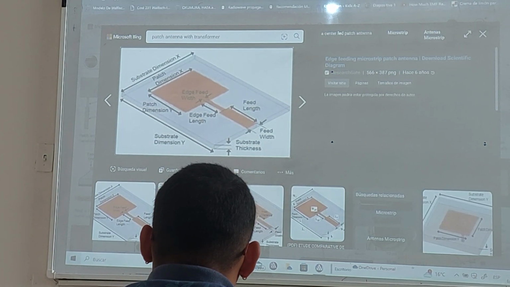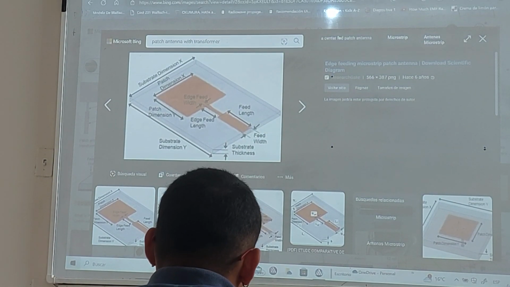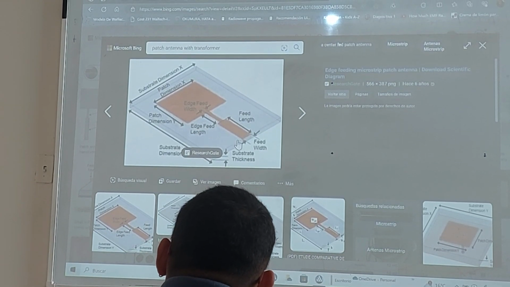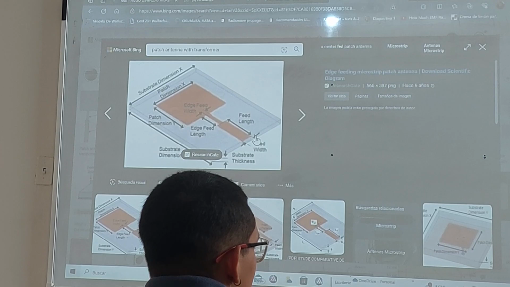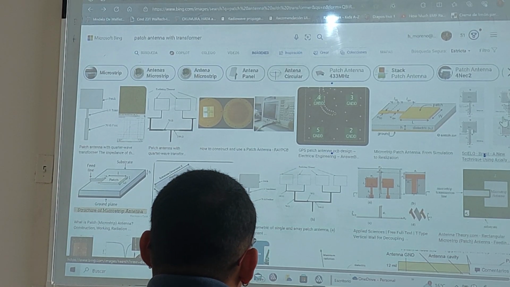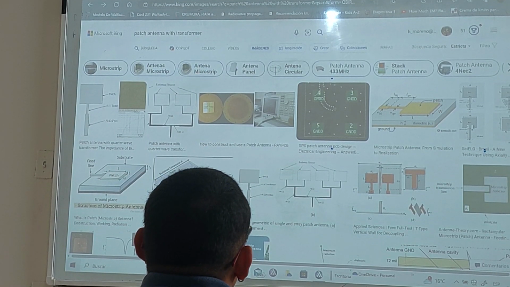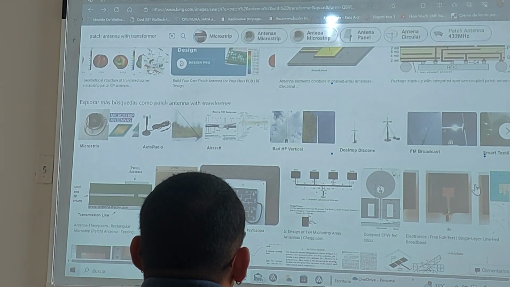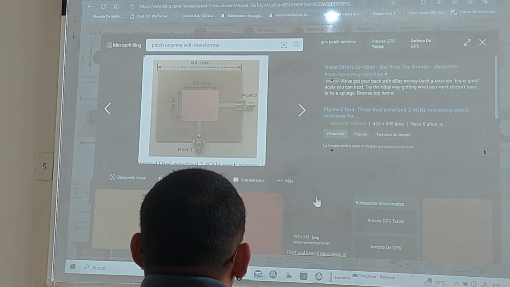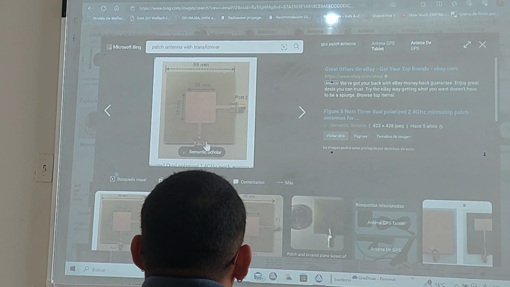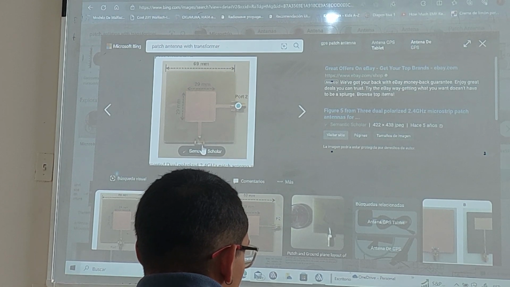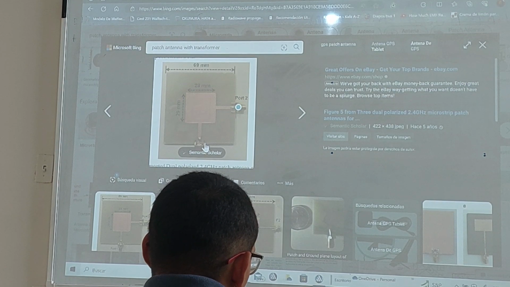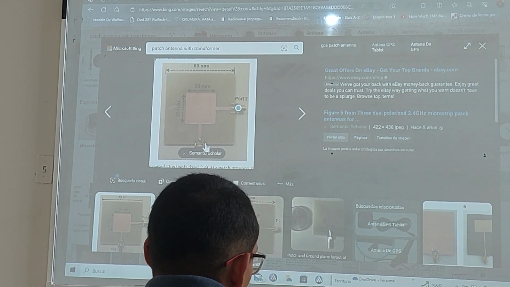Then this is what we did. Okay? This is the antenna, this is the transmission line, and this is the matching. And you see, this is how we put the connector. Okay? This is the connector, the signal, and here we have the reference.